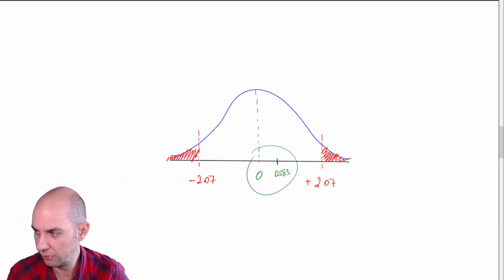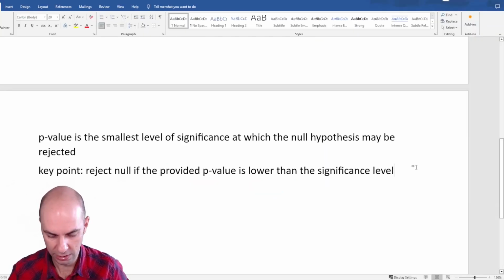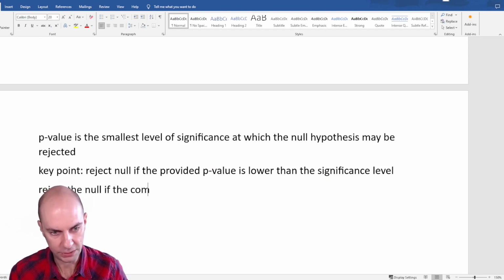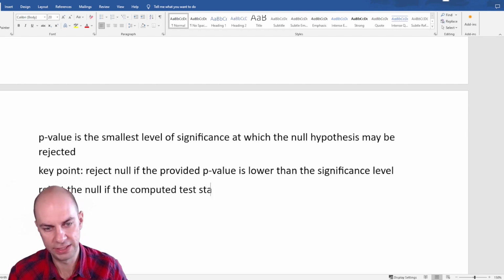Or more generally, we could say reject the null if the computed test statistic is in a rejection tail.